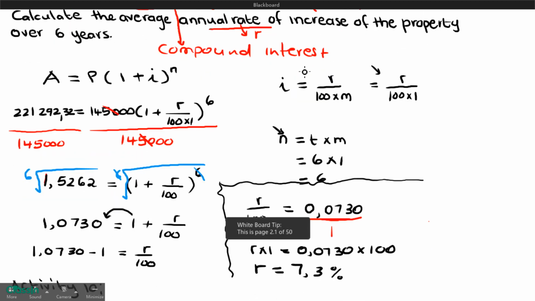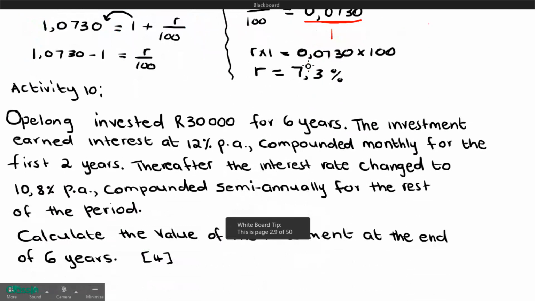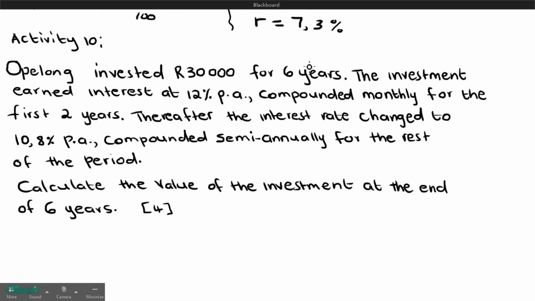So now let's move to activity number 10. This one is an interesting question. If you check, I always use the names of people that you know, because those are easier to remember. Now we have our Opelong here on activity number 10. He invested 30,000 for 6 years.